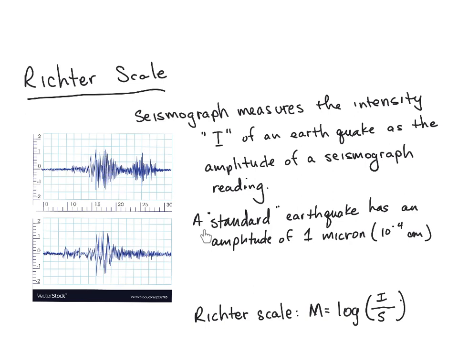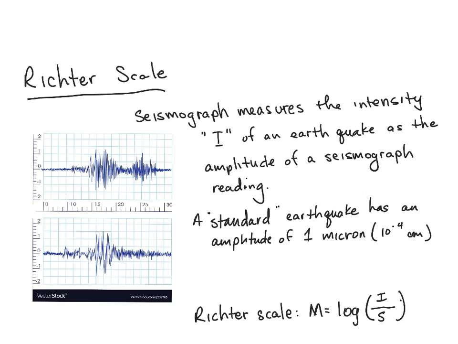peak. So a standard earthquake, one that is just barely readable in a seismograph, has an amplitude of 1 micron, or 10 to the negative 4 centimeters. So what's one that's just barely readable, or it's the intensity of an earthquake that would first register on a seismograph. There are some earthquakes that are so small it wouldn't register on a seismograph, so the standard earthquake is one that begins to be measurable on a seismograph.